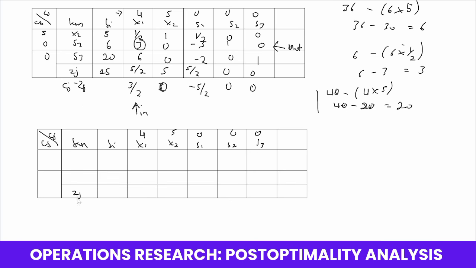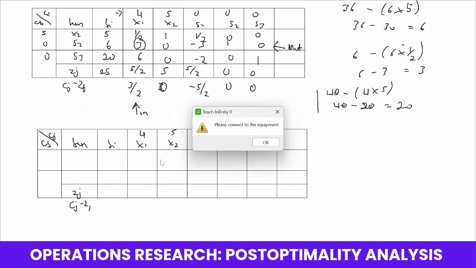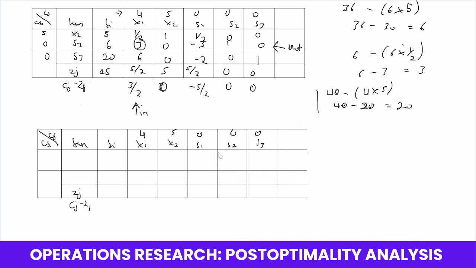Then we have our CJ here, and CJ minus ZJ. Alright, so let's go ahead and look for our values for the third tableau. As I said earlier, we all know that S2 will go out and then X1 will come in. So let's just write our basis first. S2 will go out and then X1 will come in. And our BI values, okay, let's calculate first the CB value, the coefficient of the basis. We have 5 here, 4, and then 0.